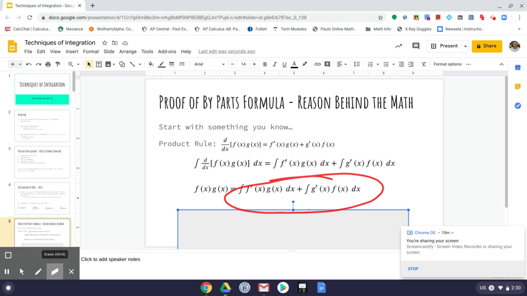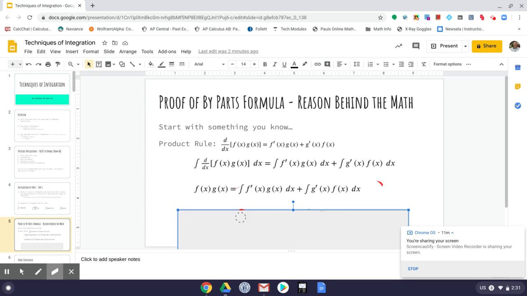I know I'm using f prime and g prime, but the derivative of a function is still a function. So technically, the integral of f prime g is the integral of a product of two functions, and the same with the integral of g prime f. So if I want a formula to integrate the product of two functions, could I just solve for one of these integrals?